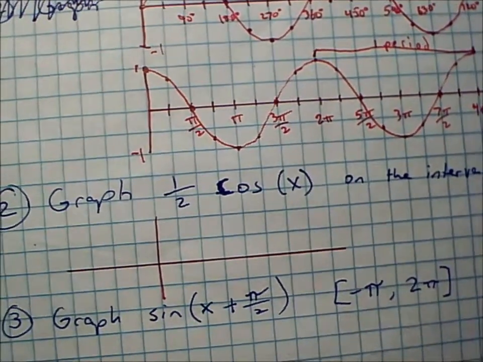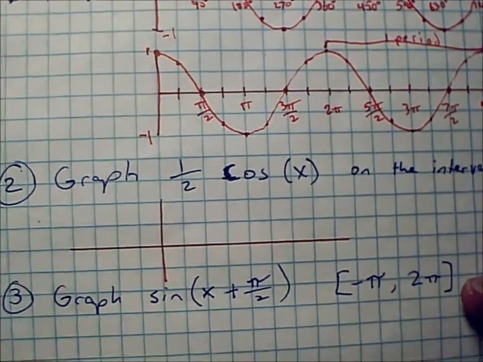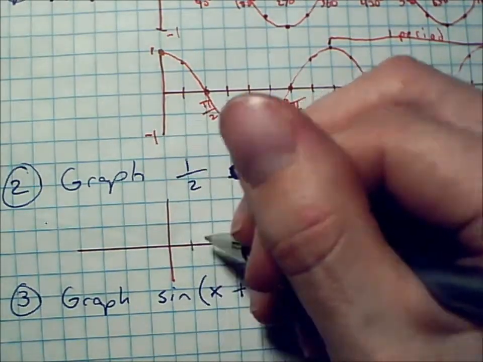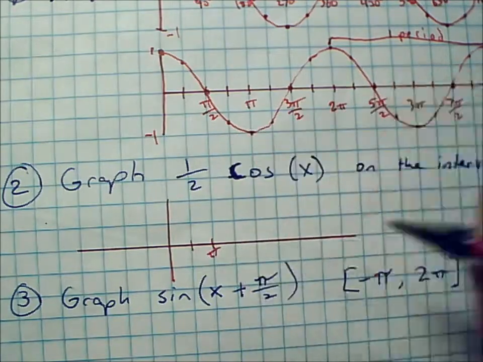Now I'm going to label these, because my interval is given in terms of pi, in pi's. So I'm going to use pi over 4, just like I did on the last problem.